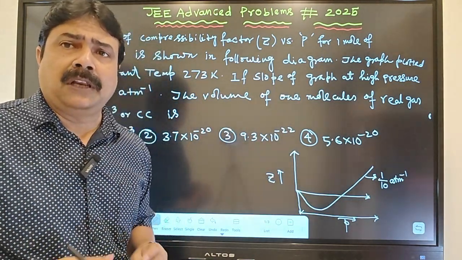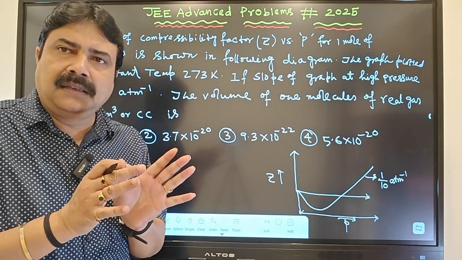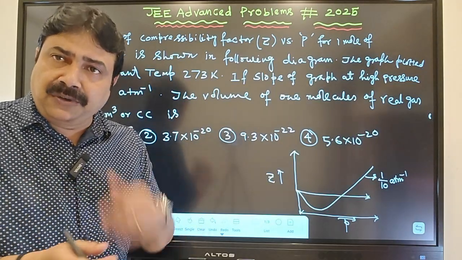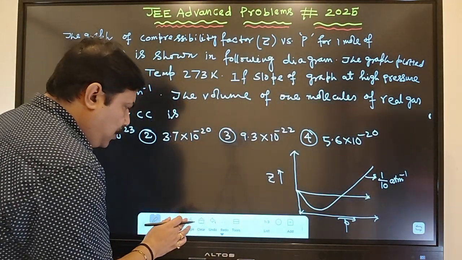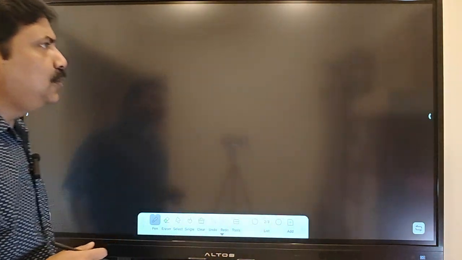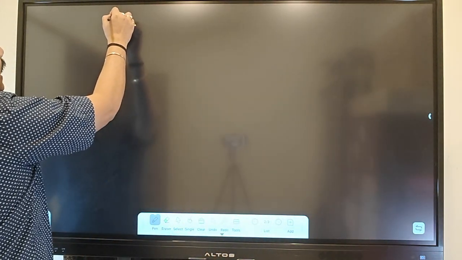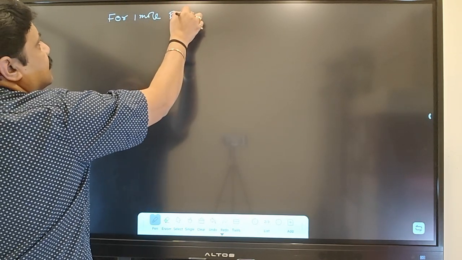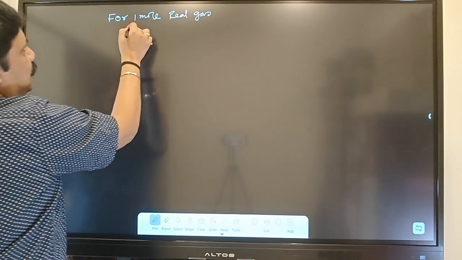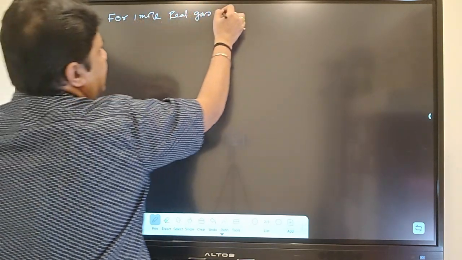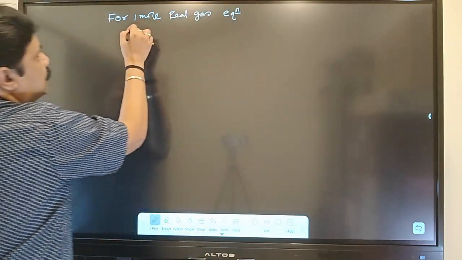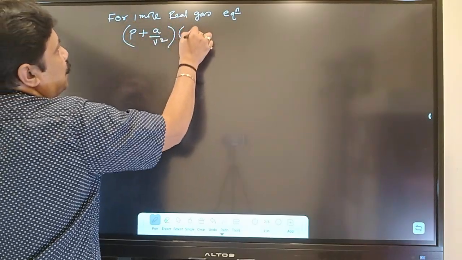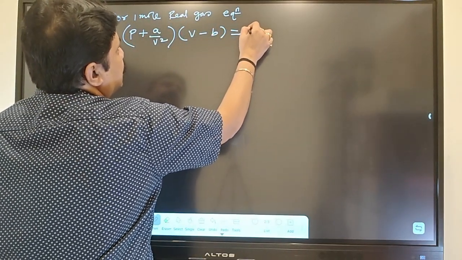To solve this problem, first we need to know a few basic ideas regarding real gas and compressibility factor, and that I am going to discuss first, then we will come to the problem. So in the next slide, for 1 mole of real gas, the equation will be (P + a/V²)(V - b) = RT.